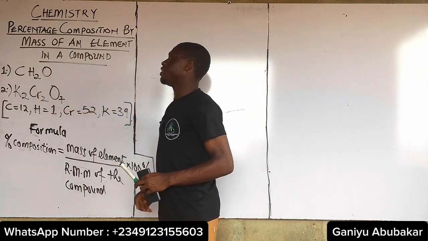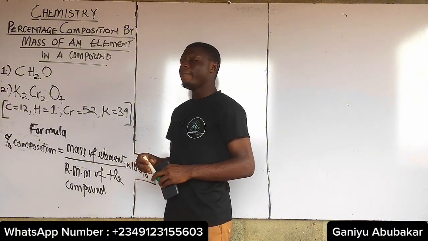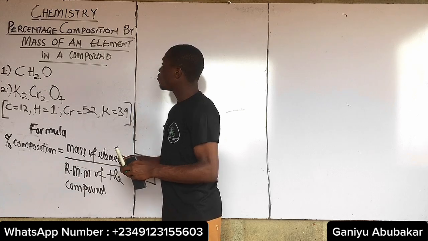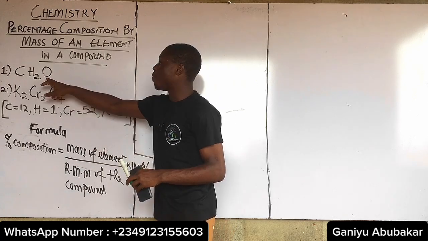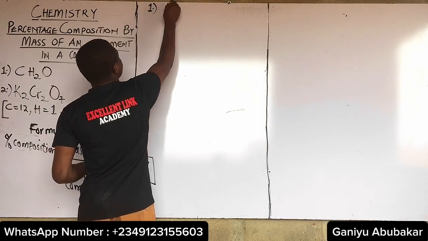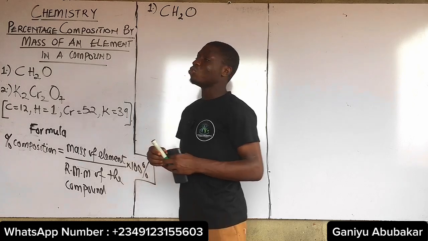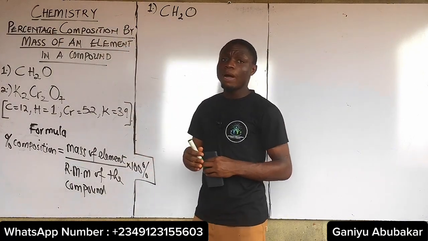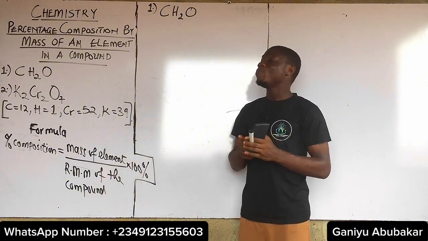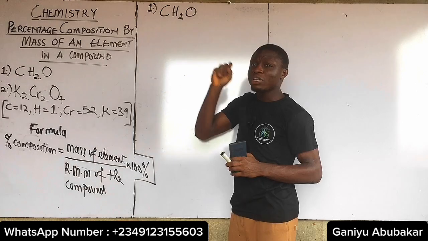So let's say we are told to calculate the percentage composition by mass of an element in this compound here. Let's start with number one. I have CH2O. When it comes to percentage composition by mass of an element in a compound, you'll be given a compound and told to find the percentage composition of one element among them.